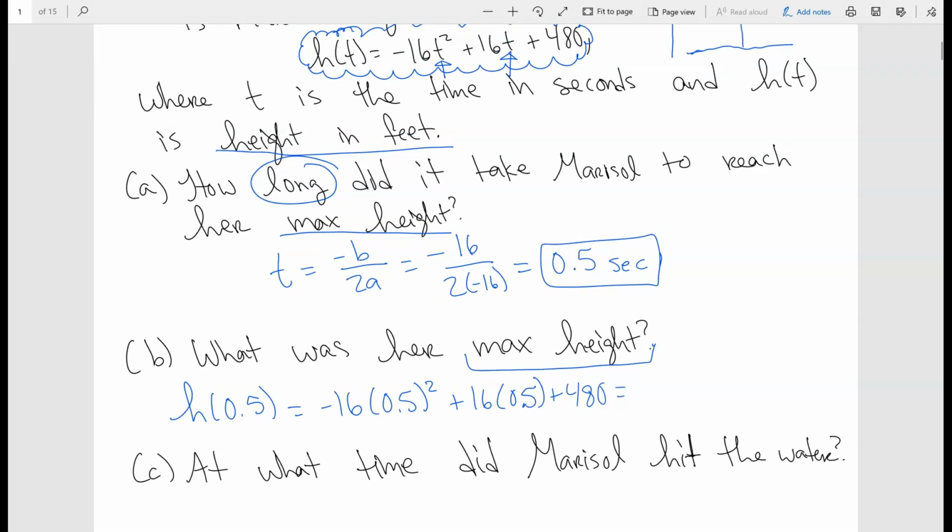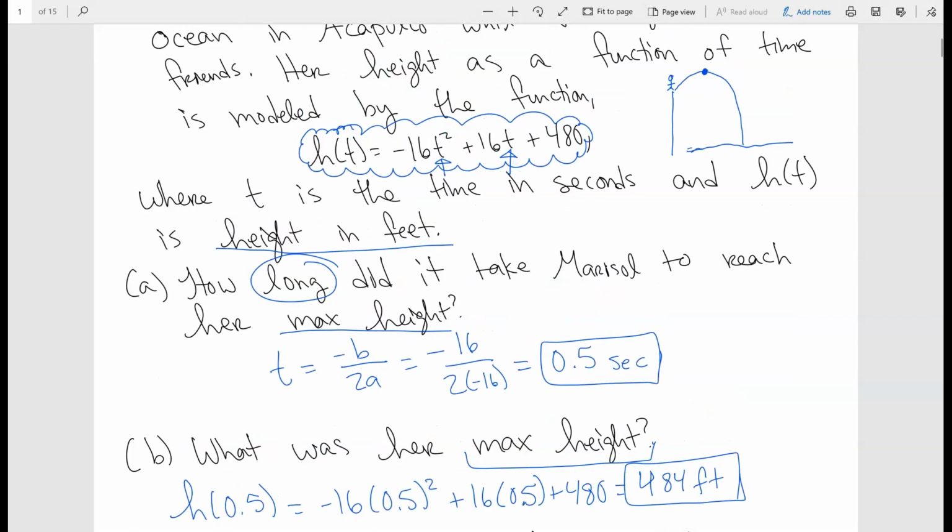So here's where you might want to use a calculator. Negative 16, 0.5 squared plus 16 times 0.5 plus 480. That's going to give me 484 feet. So that is going to be her maximum height that she reaches when she jumps.